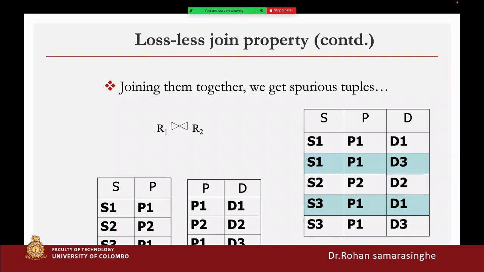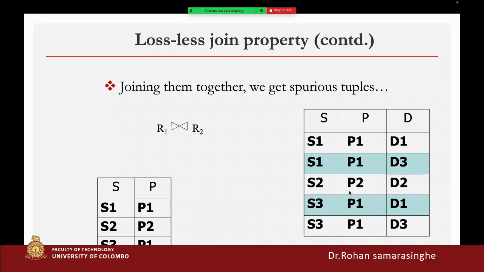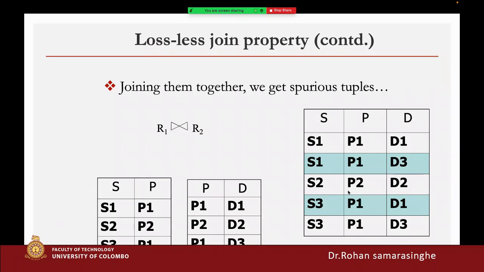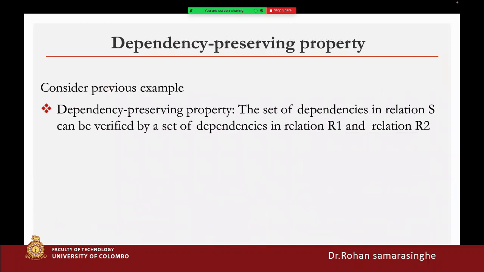Then S3 P1 D1, S3 P1 D1, and S3 P1 D3, S3 P1 D3. So this is called the lossless join property. In this case you could get 1, 2, 3, 4, 5 tuples.